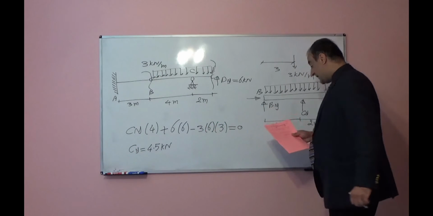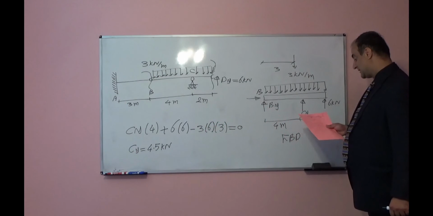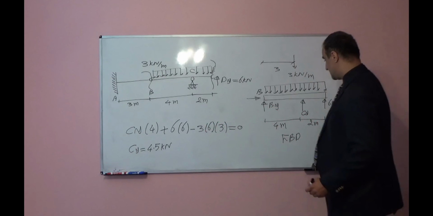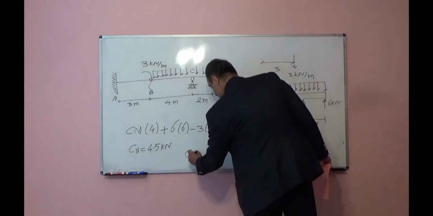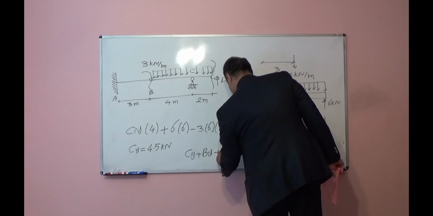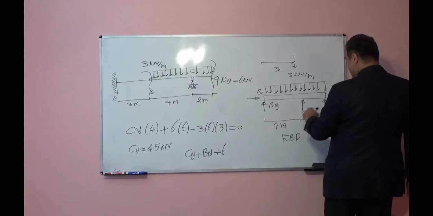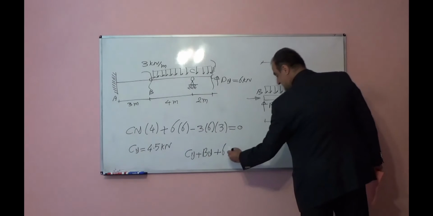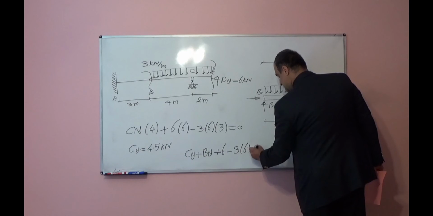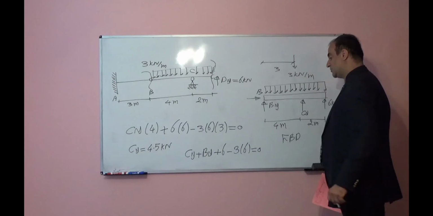So after I found Cy, now I can write summation of forces in vertical direction. So I can write By plus Cy plus 6 minus 3 times 6 is equal to 0.